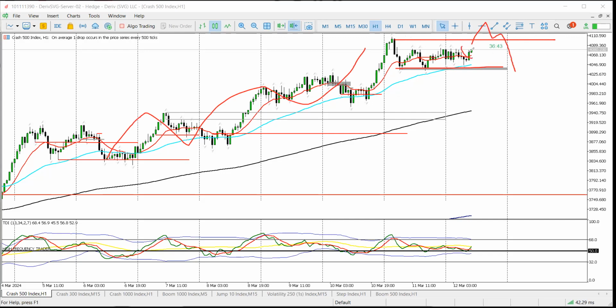So any sell for now is short term until price gives a huge impulsive move, comes below the 50 EMA, retests and starts to go down. That's when a reversal will be confirmed. For now, any sell is short term, and all we have to do is just patiently wait.